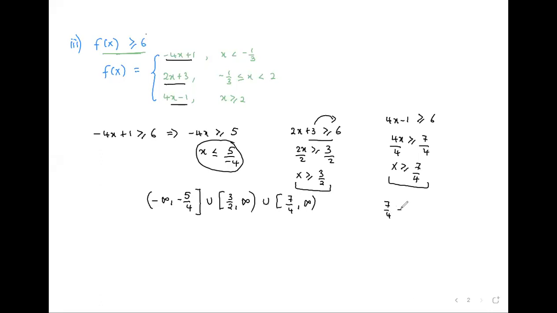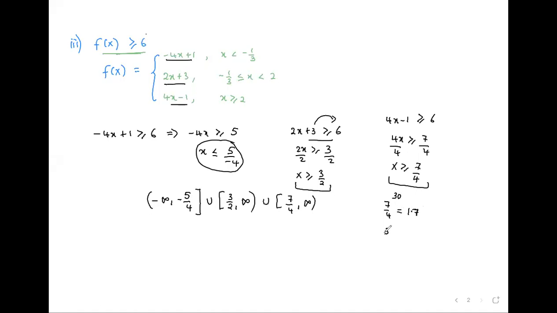7 over 4: 4 into 7 is 1, remainder 3. Point. 4 into 30 is 7, remainder 2, so I'm getting 1.75.